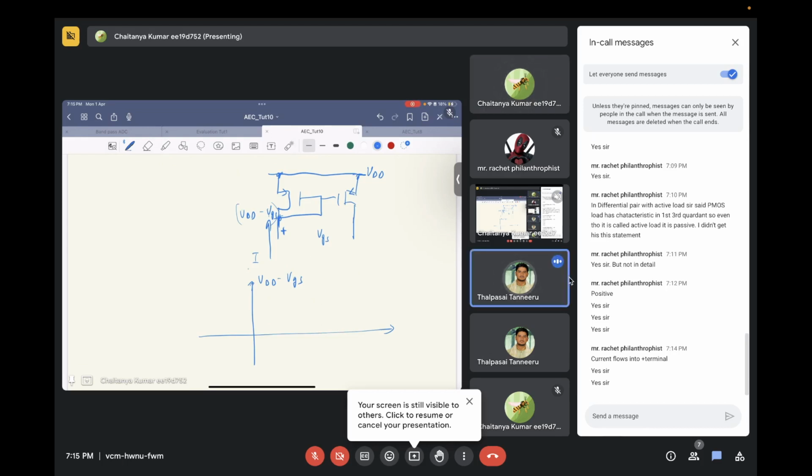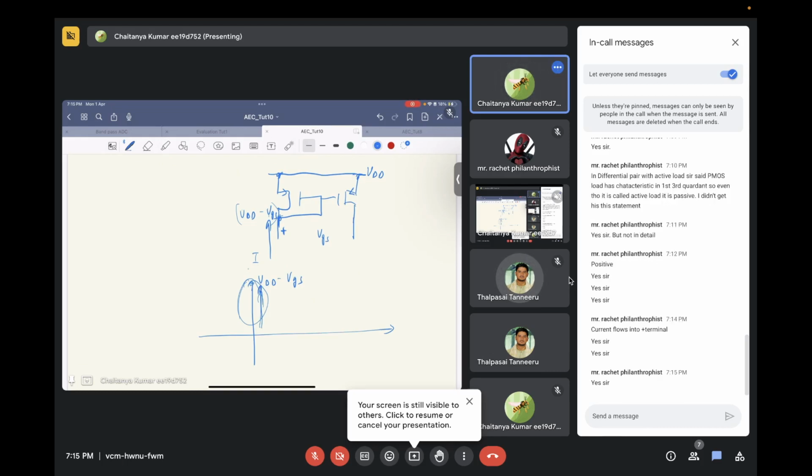If VDD minus VGS is a positive quantity, that means it will lie in the positive quadrant, on the upper half of the Cartesian coordinate. And if your current flowing inside is positive, your VDD minus VGS will basically vary something like this. More precisely, it will vary like this.